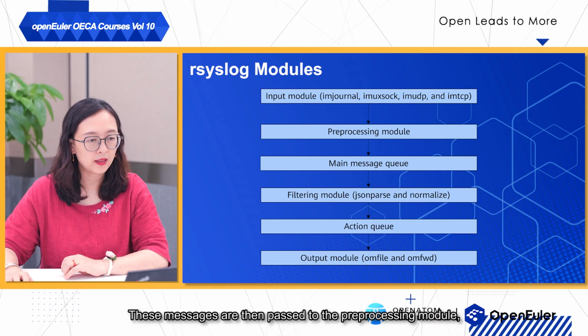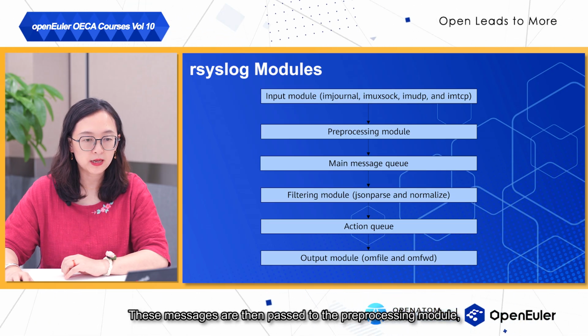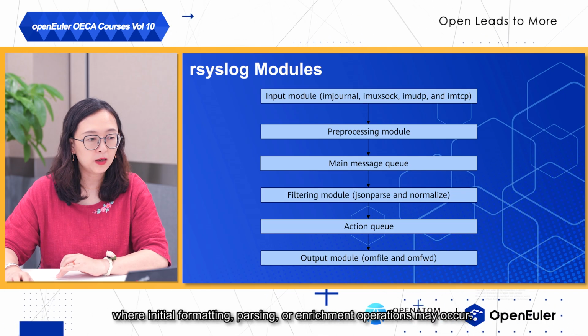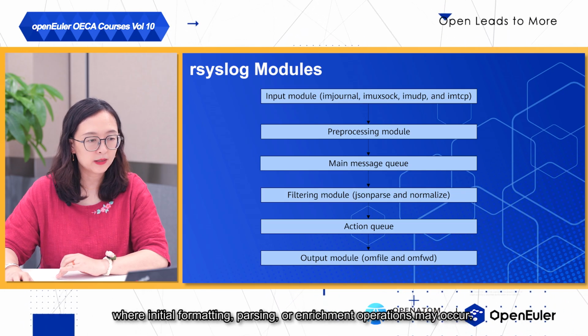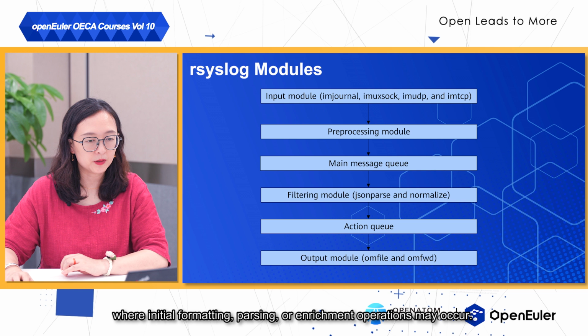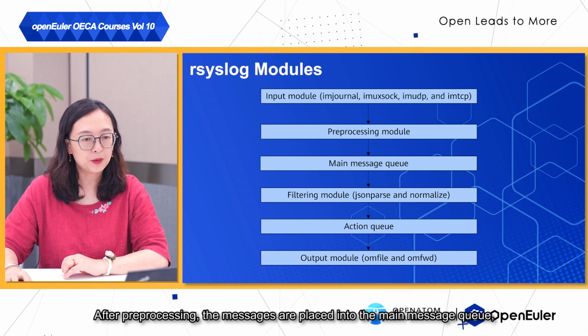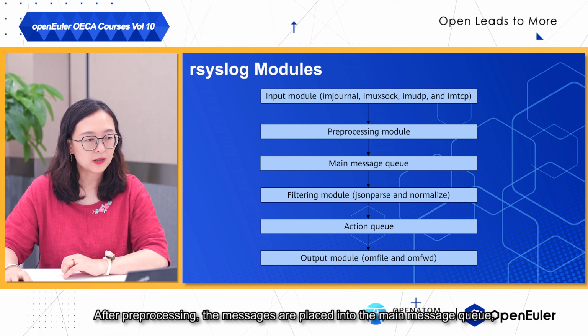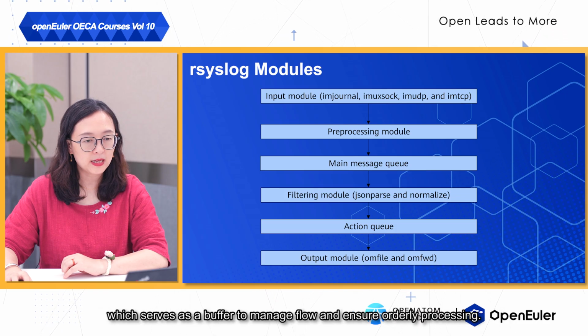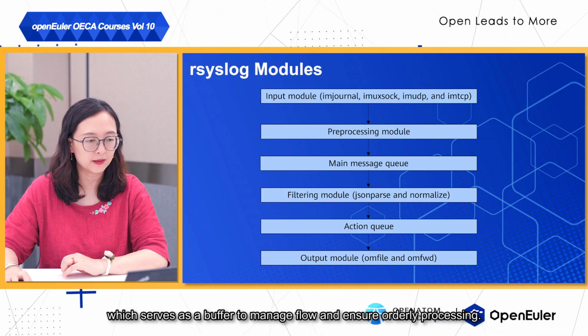These messages are then passed to the pre-processing module, where initial formatting, parsing, or enrichment operations may occur. After pre-processing, the messages are placed into the main message queue, which serves as a buffer to manage flow and ensure orderly processing.